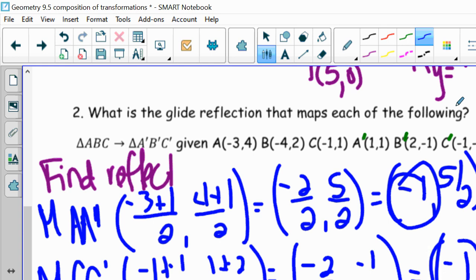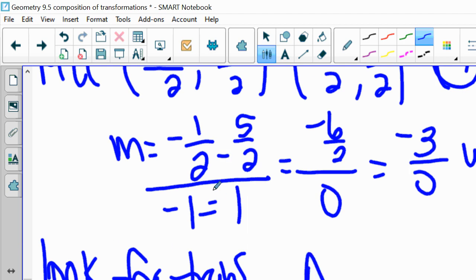So I look at how I am moving this triangle to get to this triangle. My point A needs to drop down 1, 2, 3 spaces. It didn't have to go any left or right. So if it dropped down 3 spaces, that is like subtracting 3 from my y's.